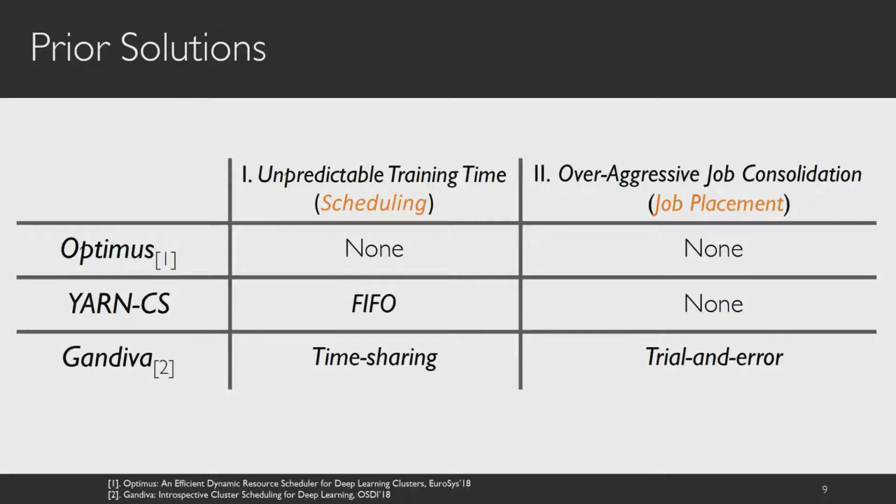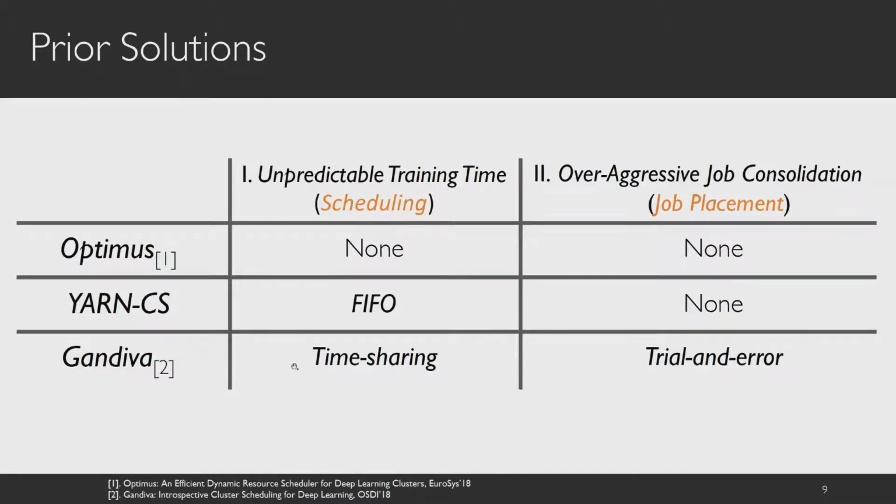That job will run in the cluster until it finishes. Or you have FIFO, the first job in is the first one out for scheduling. And for job placement, there's basically no decision making. They are randomly placed or placed in a round-robin order, without even considering whether these GPUs are close together or far apart, or how you utilize them.